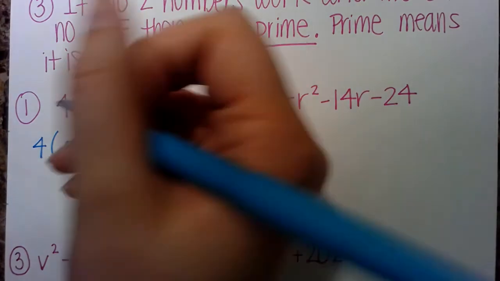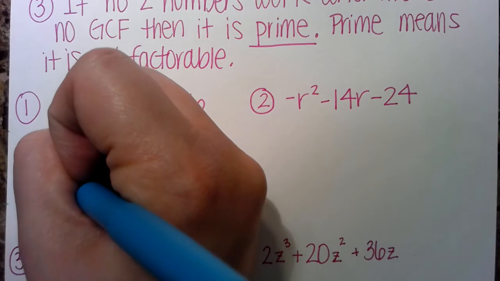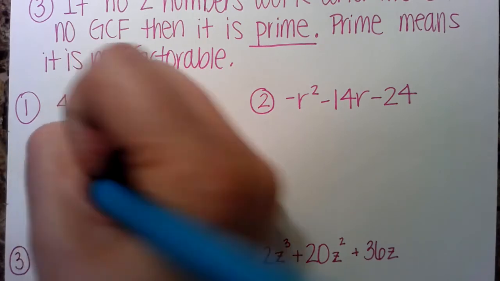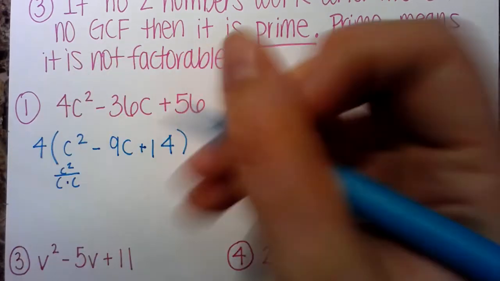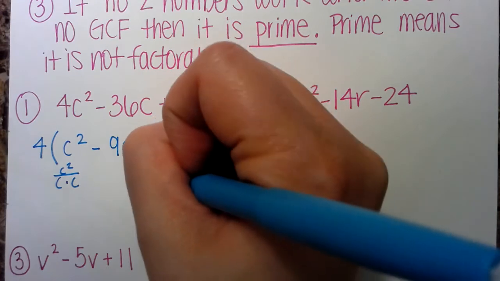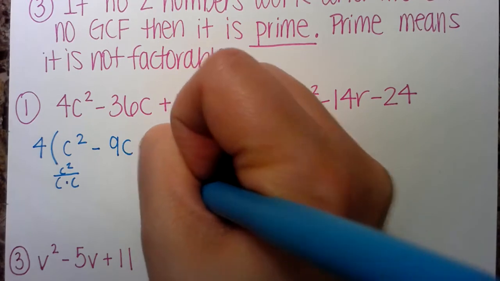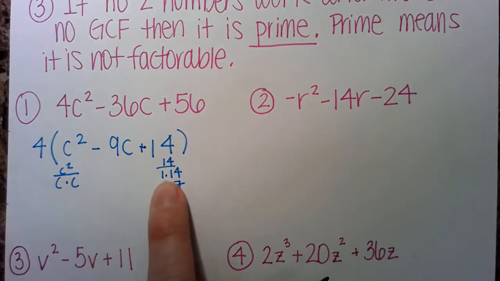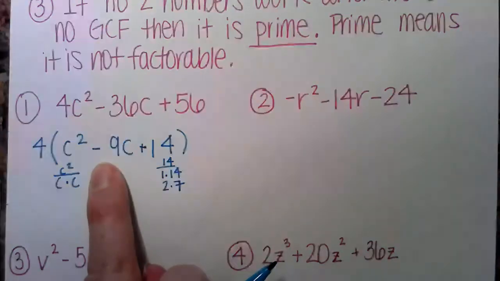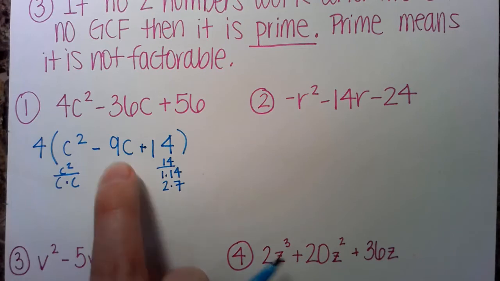Now we're going to find our factors of c squared, which is c times c. We're going to find our factors of 14, which is 1 and 14, and 2 and 7. And we're going to decide, do either of these factors allow us to add up to negative 9c?